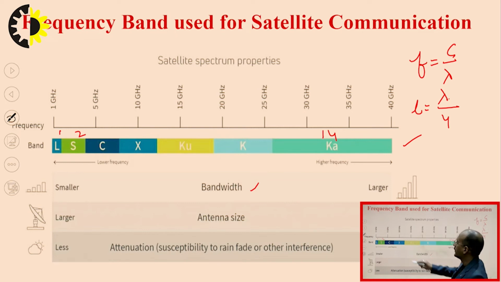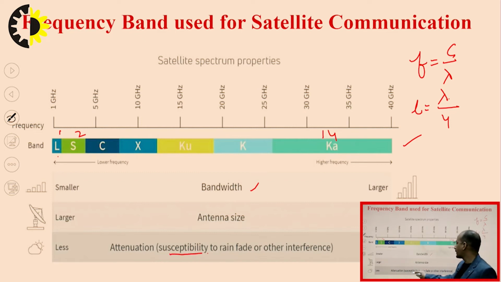That's why for L band communication, they are using large dish antennas. When we are talking about outer space, extraterrestrial communication, the antenna size is quite small compared to the domestic purpose.